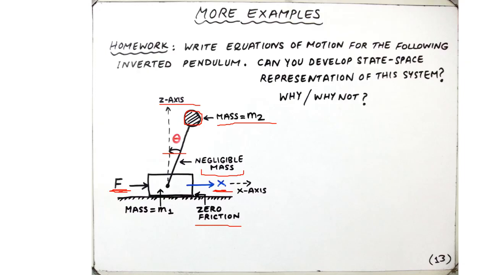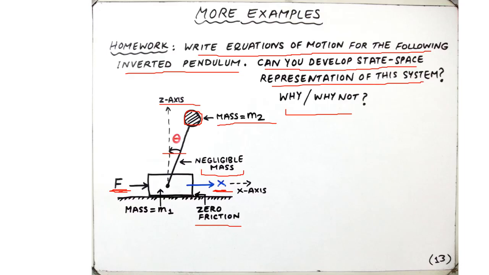So you will write the equations of motion for the modified and perhaps more familiar inverted pendulum problem, and the other part of the problem is to answer the question: is it possible to develop the state space representation of the system? If it is possible, then you will develop the state space representation. If not, then explain why it is not possible.